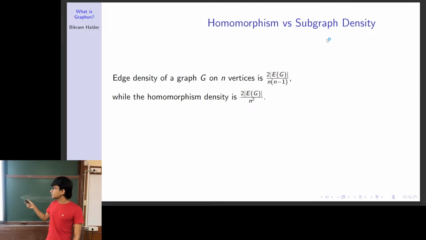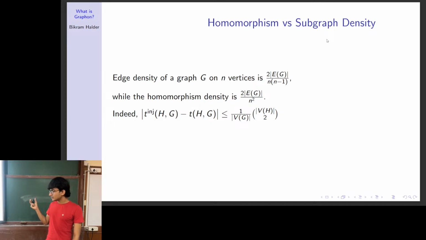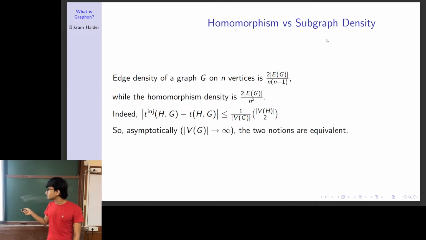So as you can see, asymptotically these two are almost the same. If the vertex set of G is very large, their difference is almost negligible. So asymptotically, we use subgraph density and homomorphism density interchangeably as long as the graph is large enough.